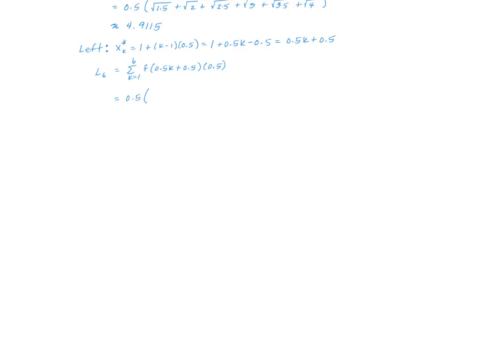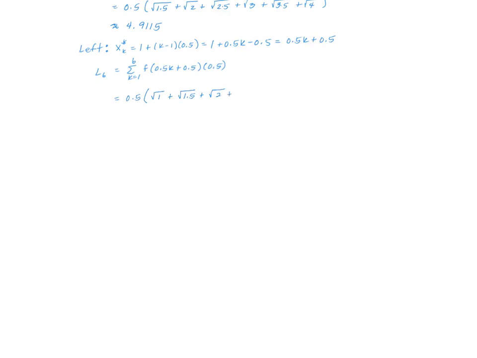I'm going to skip a step, and f of 1 is the square root of 1, plus, putting in 2 for k, I get 1 plus 0.5, which is 1.5, and this would be the square root of 1.5. When I put in 3 for k, I get 1.5 times 0.5, which is 2, so the square root of 2. And so on.